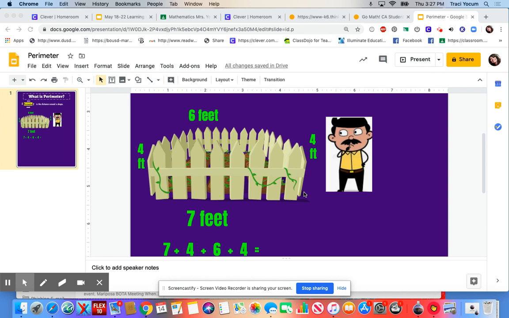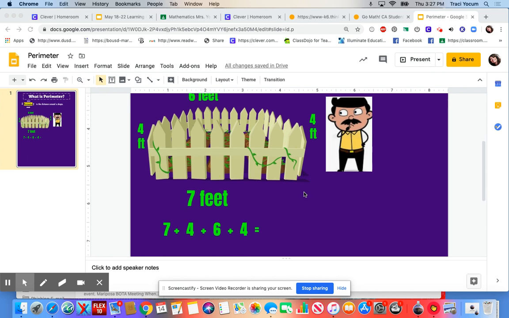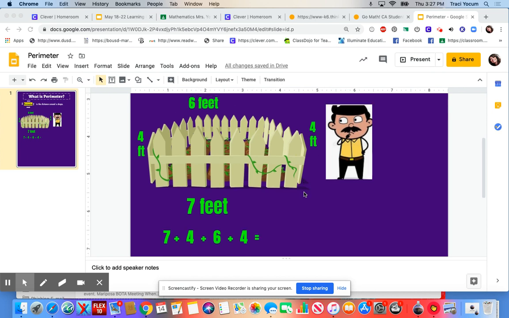Well, let's just say that he goes over to the clerk and says, "Well, my garden is 7 plus 4 plus 6 plus 4, 21." Well, the clerk would look at him kind of crazy and say, "21 what?" That what, boys and girls, is your unit.